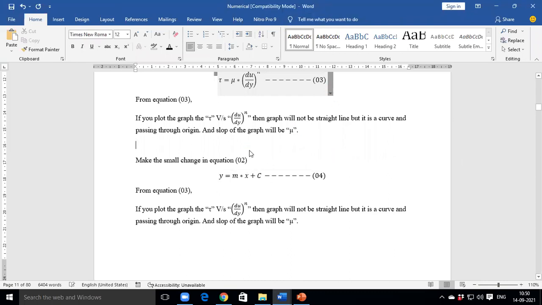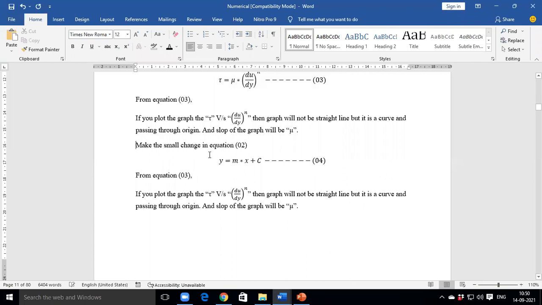Is it visible? Equation number 4. Which change is mentioned in equation number 2? Small change. Addition of C. Okay, addition of C.